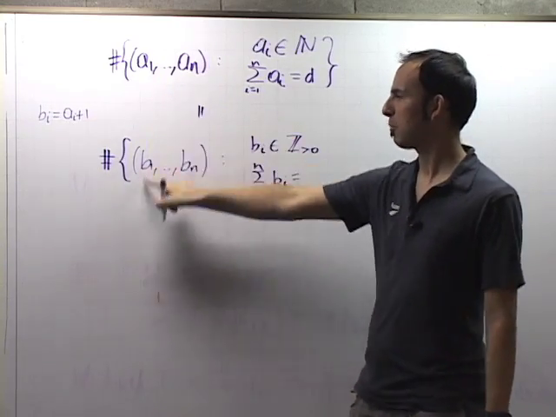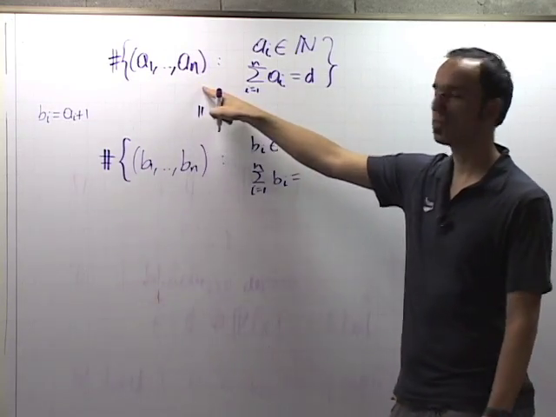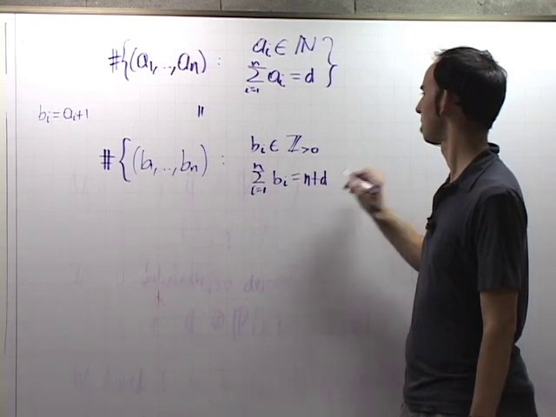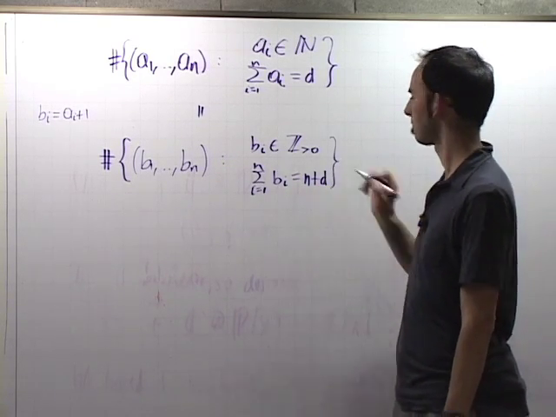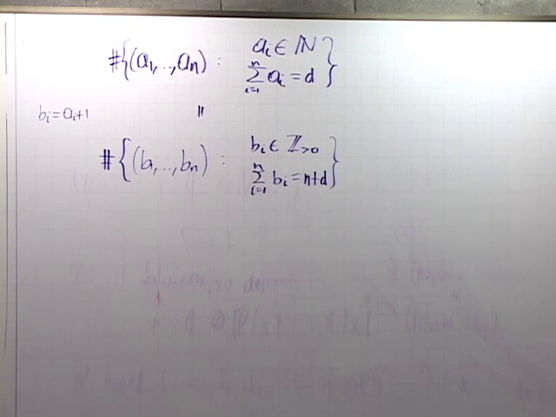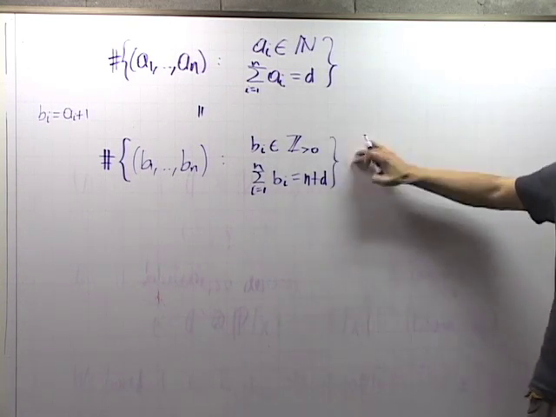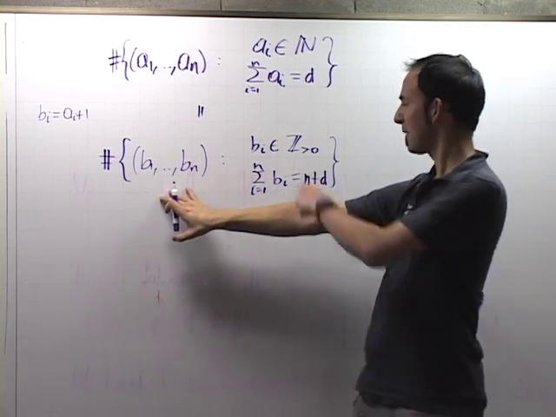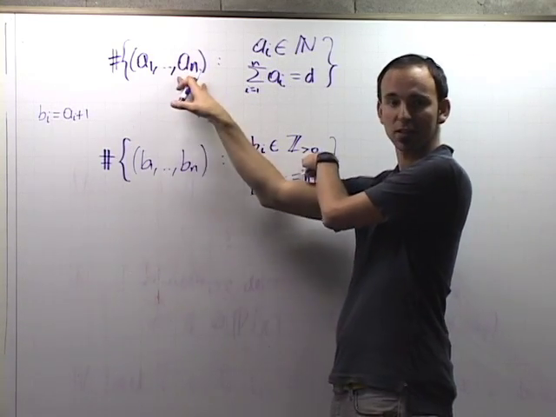To each one of these we added 1, and so if these guys added up to d, these guys add up to n plus d. This is a bijection between these and these. You just take these, add 1 to them, and you get these. Take these, they're bigger than 0, so you can subtract 1 from them, and you get these.